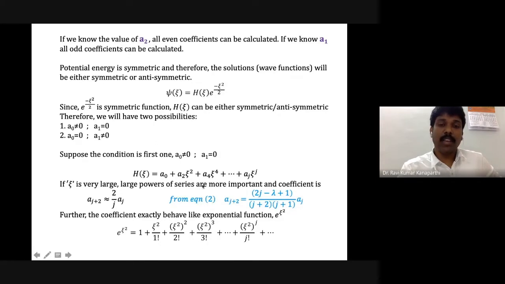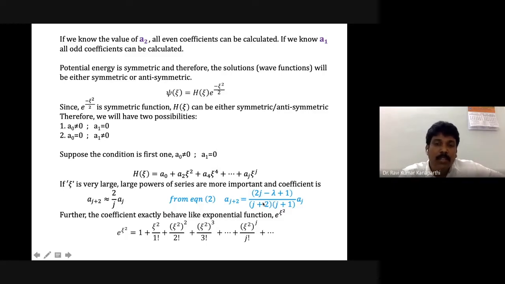I can calculate a_(j+2) at larger displacement. If you are thinking of the asymptotic region, then the recursion relation becomes a_(j+2) approximately 2 by j times a_j. Okay, from this expression.